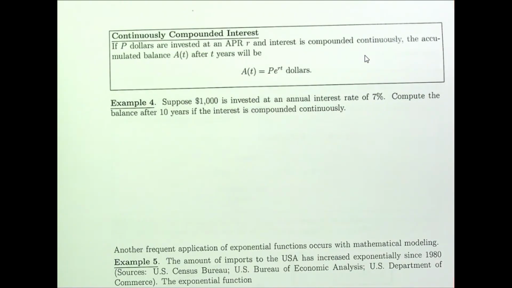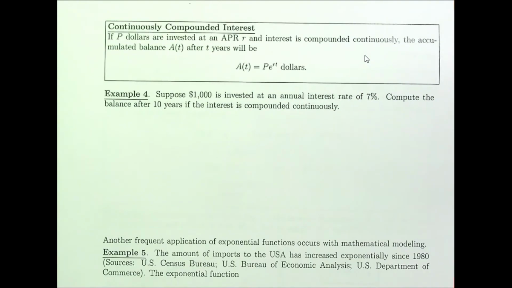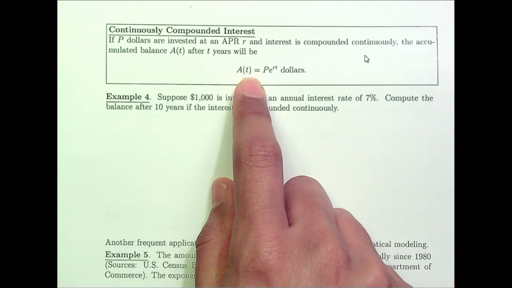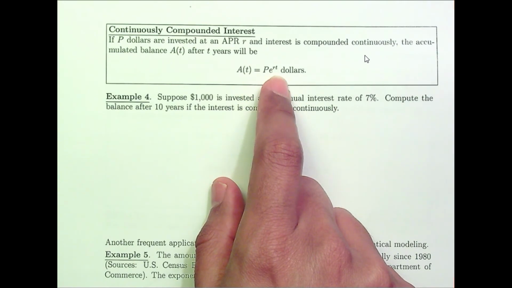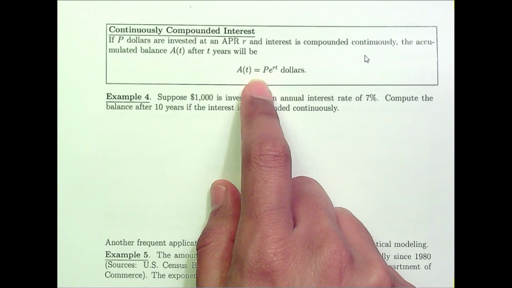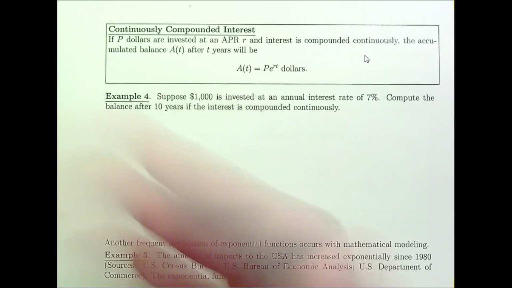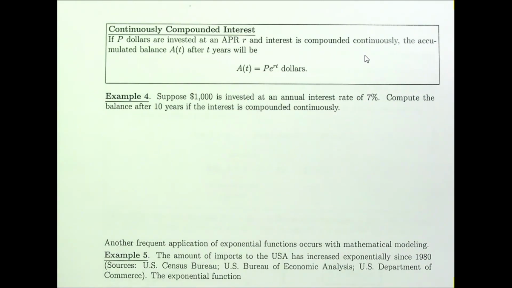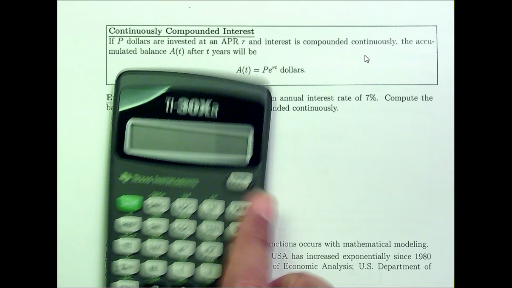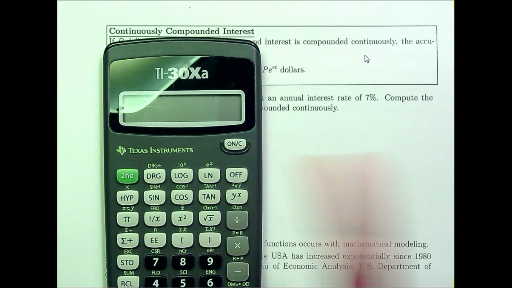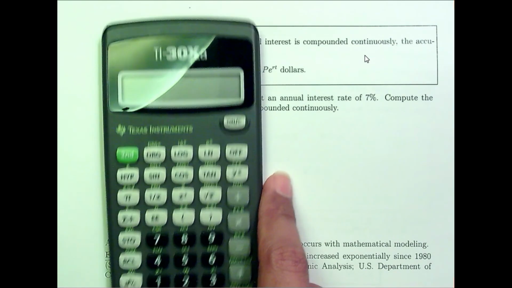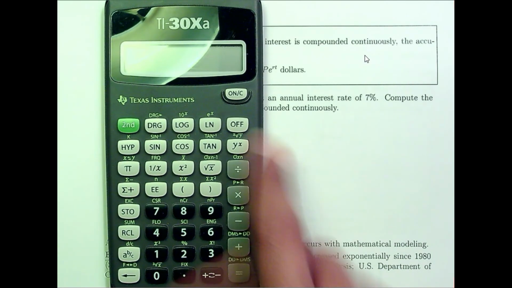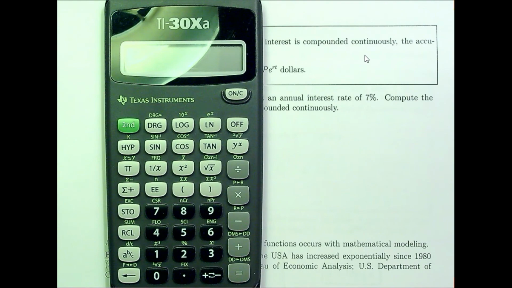Using this formula is actually really easy. The formula is A equals P e to the rt, where P, as before, is the amount of dollars invested, and e is 2 point whatever, that number is in your calculator. You don't have to worry about that. It's like pi, it's in your calculator. e in this calculator is right here.